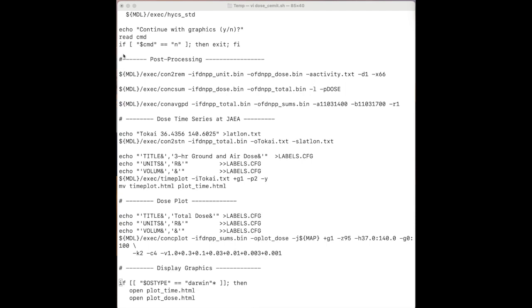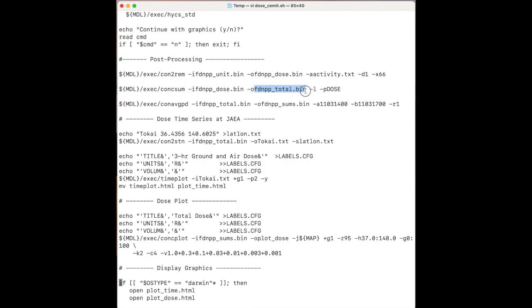In the second post-processing step, con2sum, the ground shine, that is deposition at level 0, and the cloud shine, air concentration levels 0 to 100, those dose values are added together each time into a combined total dose output file.